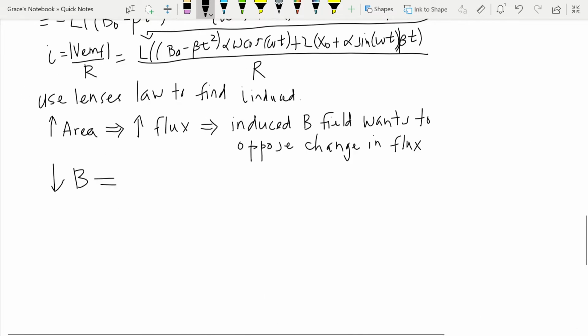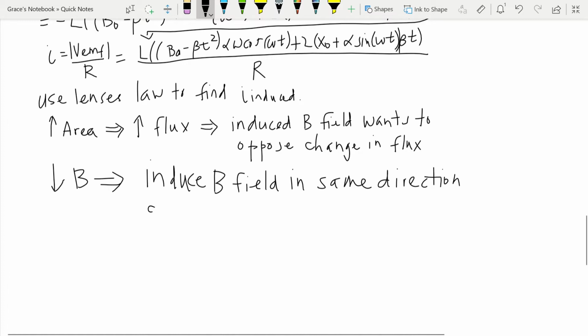We know that the area and the B field are a function of time, and so they're both changing. We know that the change in area is going to increase the flux, and it's going to cause our induced current to travel in a counterclockwise direction. However, we didn't talk about the change in the B field.